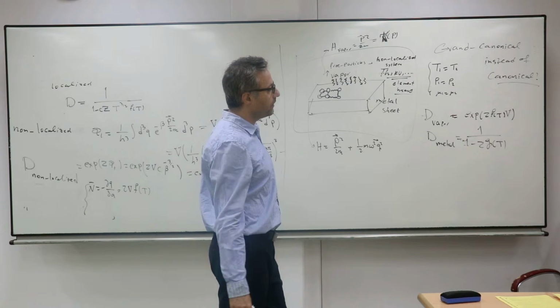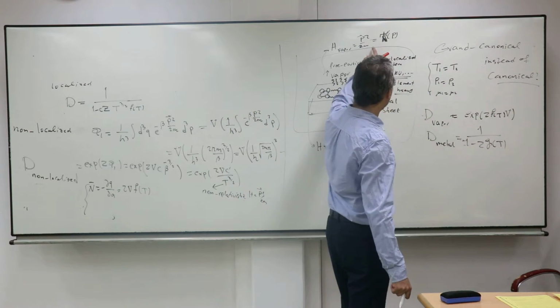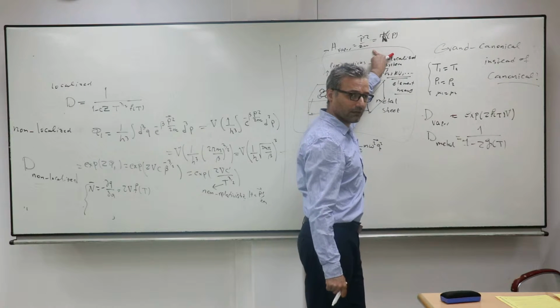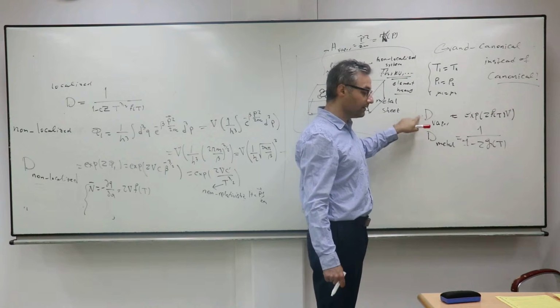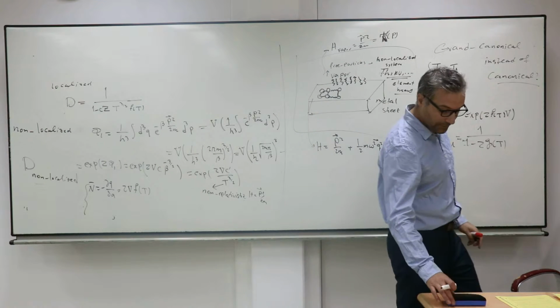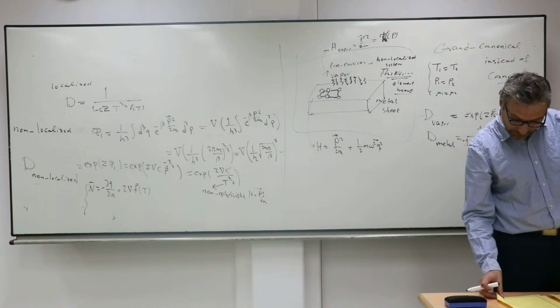So I want you to go and find the partition functions for this. We already did it, the partition function for the vapor and the partition function for the metal, and you will have the d both. So after that you need to have the equilibrium. What is the condition to have the equilibrium?